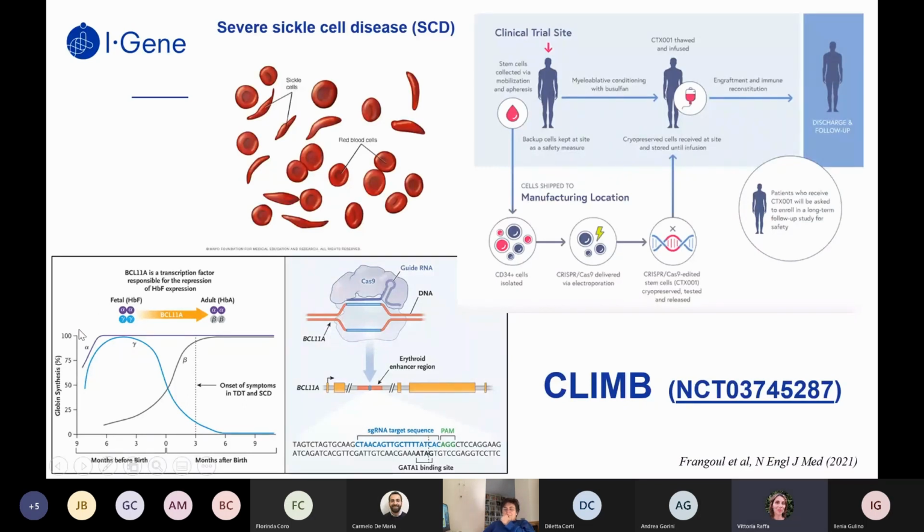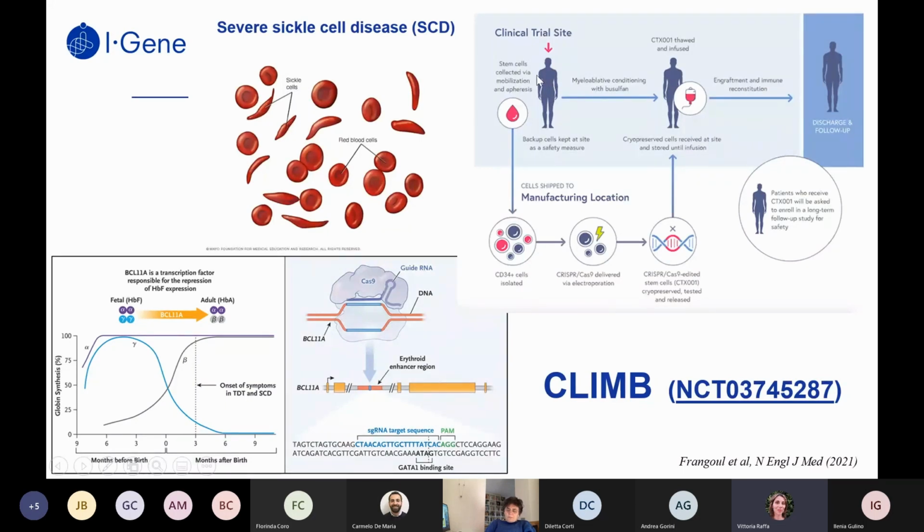And if we activate this fetal form, these poor patients could have their own fetal hemoglobin. So they didn't depend anymore on the transfusion. So this is exactly what the scientists did with this system. They used the CRISPR-Cas9 system to switch off the repressor. So this is the workflow of the trial. So these are the patients.